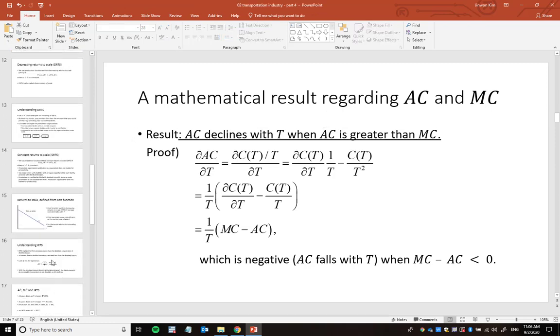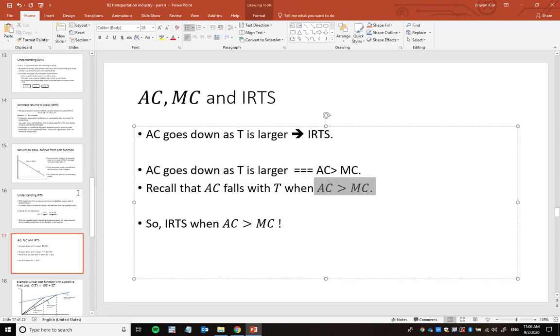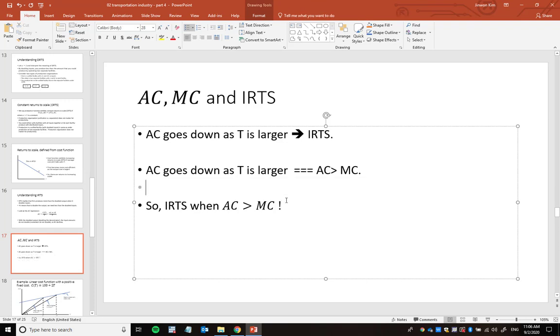So it's the same thing. AC goes down as t is larger, which is the same thing as AC being larger than MC. So based on these two, we can say that we have an IRTS cost function when average cost is larger than MC.